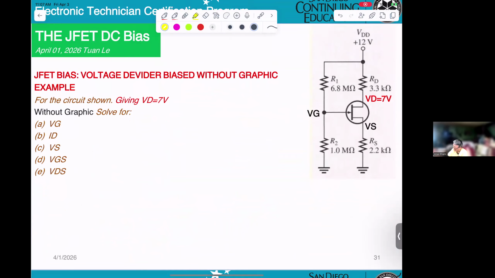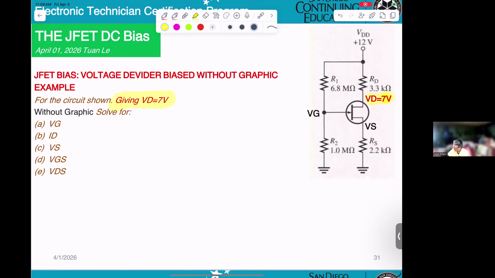Now, they say, I don't want the graphic anymore. So that's why they give VD. VD equals 7 volt.